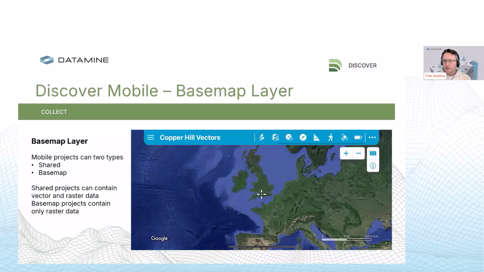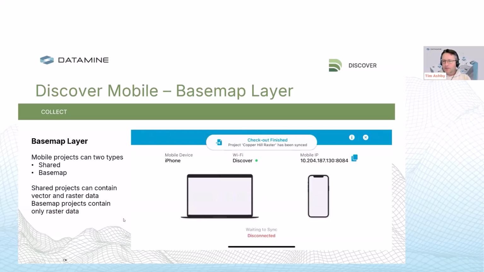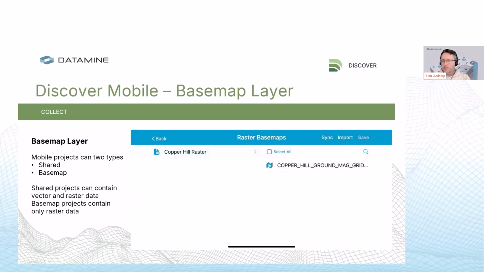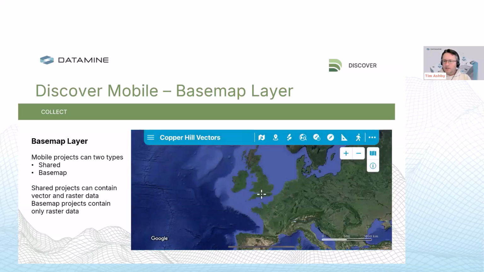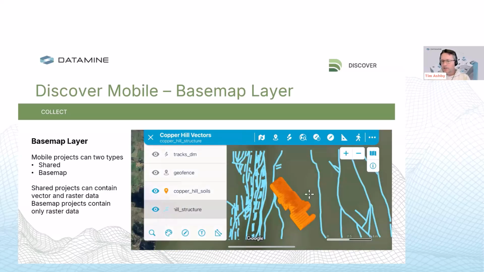So we're firstly sending across our vector data set. Now we're going to sync across our raster or base map data set. So it's quite a simple process. There's a Copper Hill raster data set sent across. So what we do is, I'll just stop the video in a sec. We'll just turn on our vector data set. So that's the data we're going to collect, the point data.